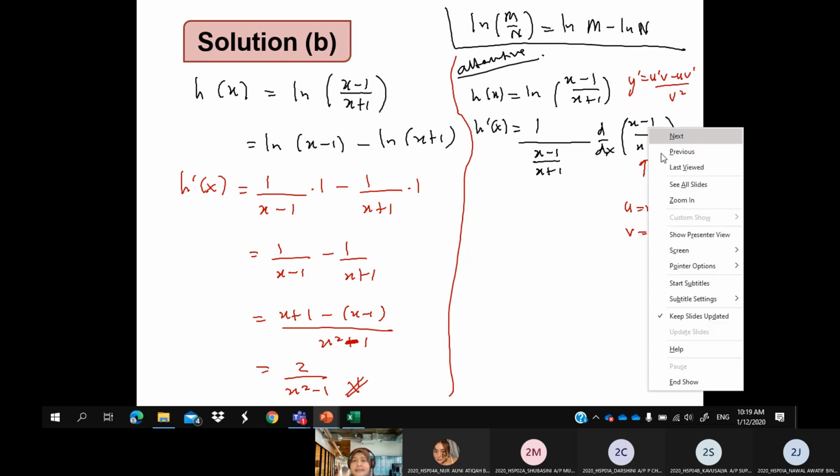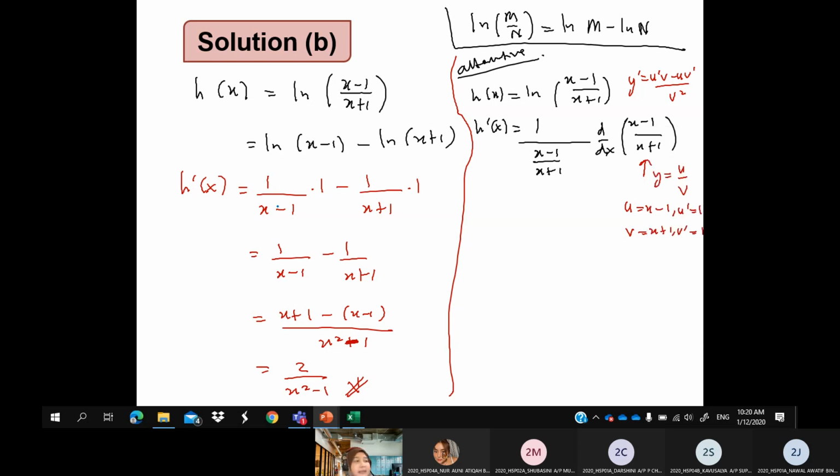So, next step. A bit longer. So h prime(x) uses the concept from earlier: (x plus 1) over (x minus 1), then u prime v is 1 times (x plus 1) minus (x minus 1), over v, which is (x plus 1) squared.